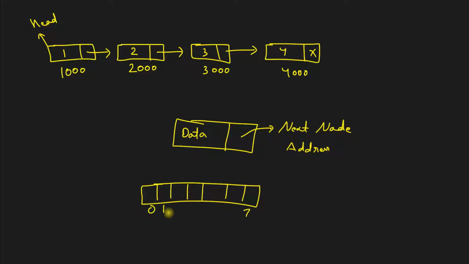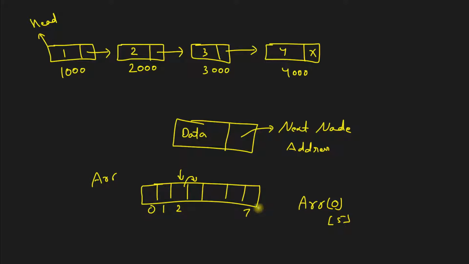You just say 0, 1, 2, and if this is arr, you say arr of 0 or maybe arr of 5. But in a linked list you cannot do that. I'll come to that later. What I mean to say is this element doesn't have to do anything with that one. It is not storing information that will take me to the next element.